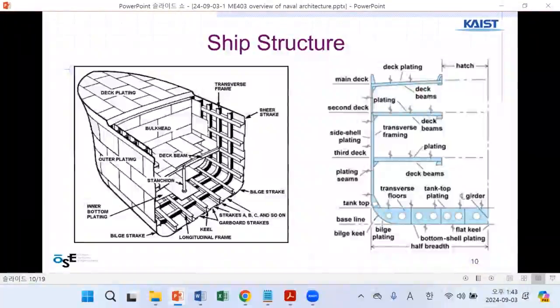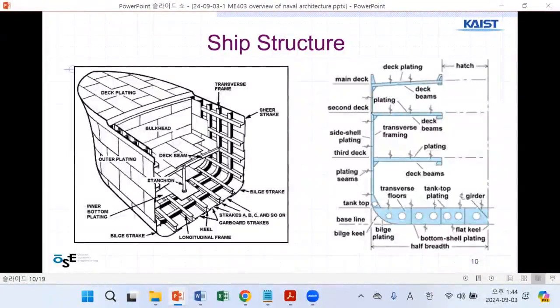Right. This is a complicated one. Big shape, made of steel plate. This is a steel plate. One steel plate. You may see a big truck carrying big, thick steel plate. Big ships are made of, say, a thickness of 2 centimeters, and large, say 2 meters, something like that.